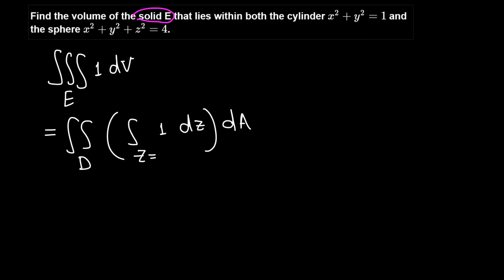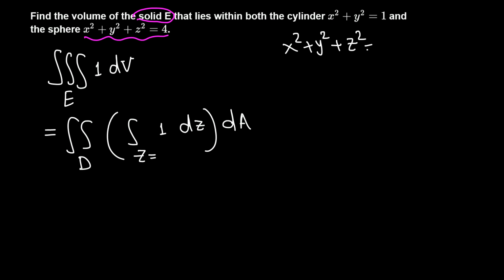And for the z bounds, the height bounds are given from here, because we can write this as x squared plus y squared plus z squared equals 4. Move this over. It mentions a cylinder, which means we are using cylindrical coordinates: r, theta and z.